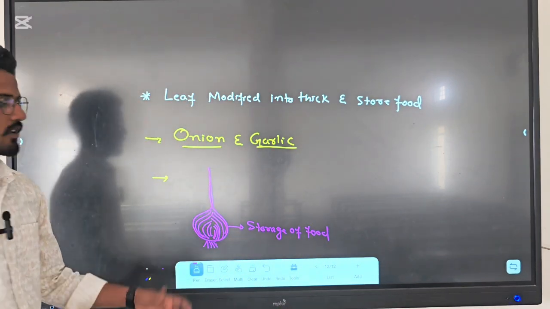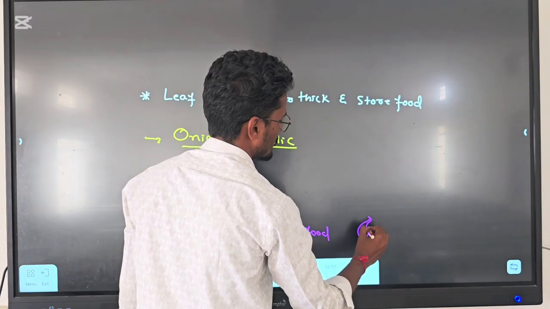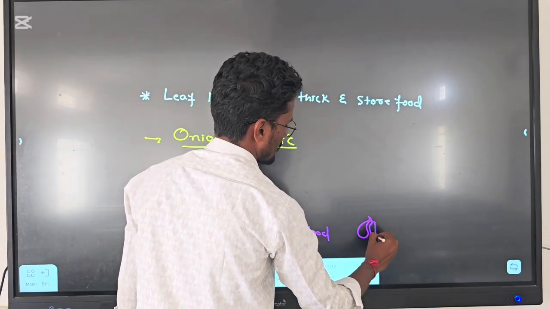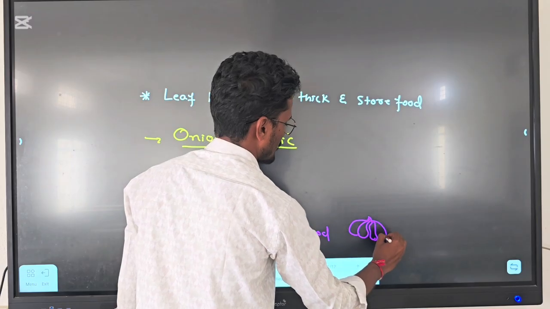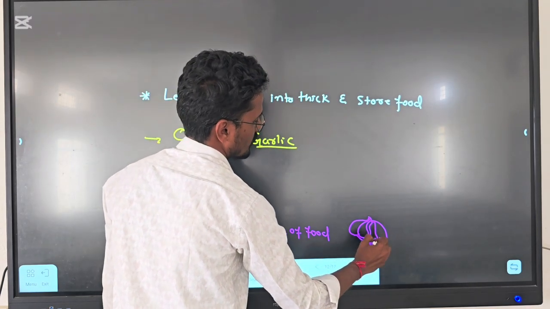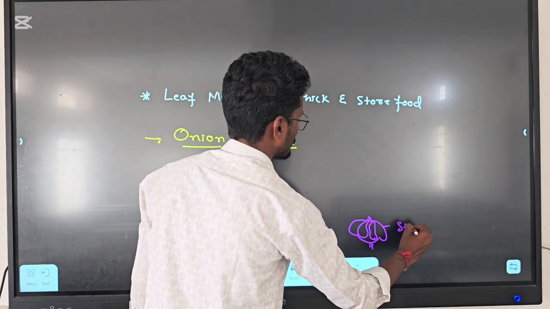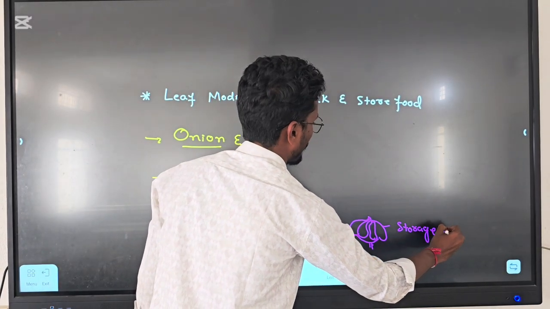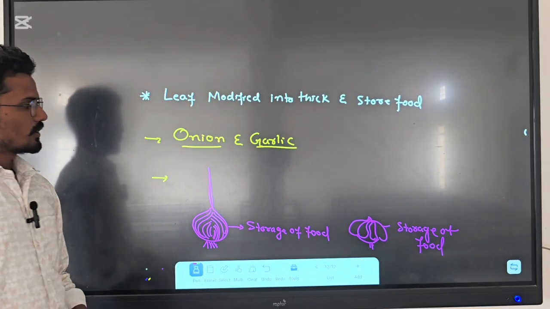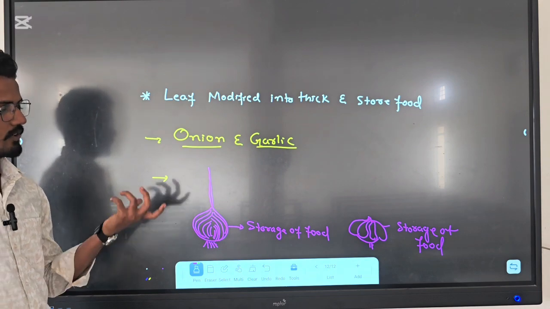As in onion, garlic also has small structures called cloves, and they store food. That is also an example of a storage leaf. So this type of arrangement we see in modification of leaf.